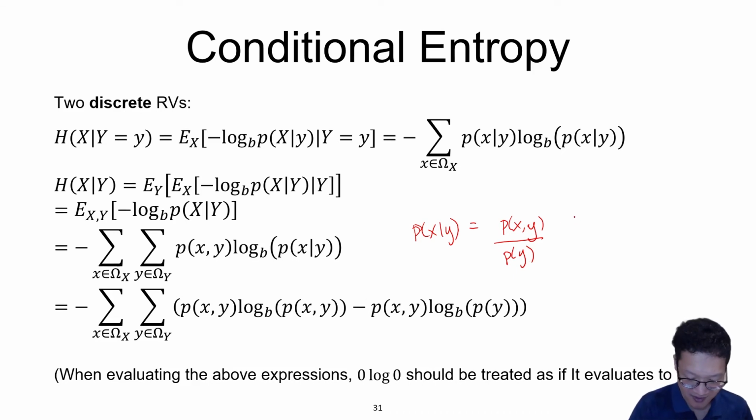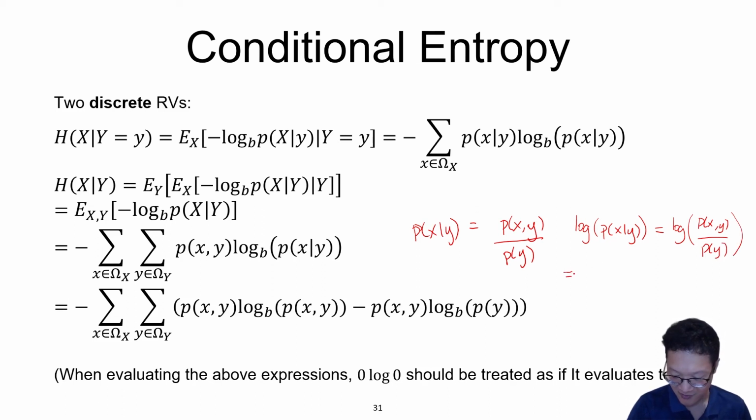So that's why the log of p of x given y is just equal to the log of p of xy divided by p of y. And with logs, we know that whenever you're dividing, you can subtract them.